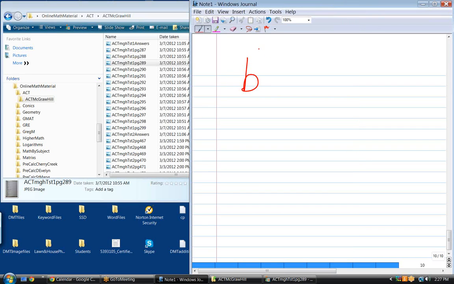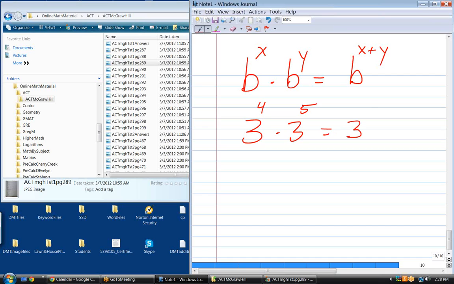If I have b to the x times b to the y, I add the exponents. Same base, different exponents. That's the answer. In other words, if I had 3 to the 4th times 3 to the 5th, that would be 3 to the 9th. Okay? That's rule number 1.